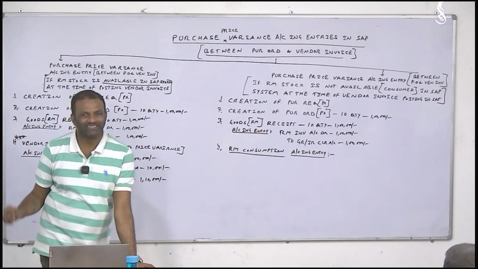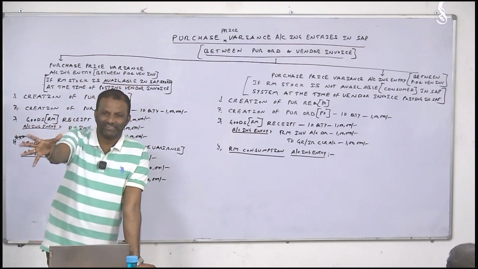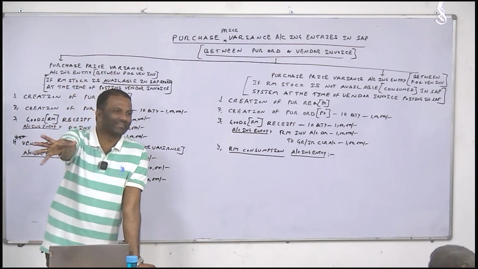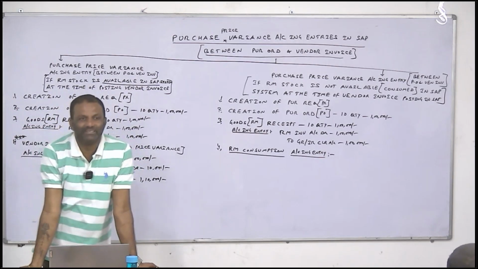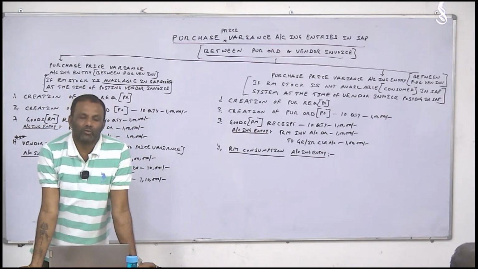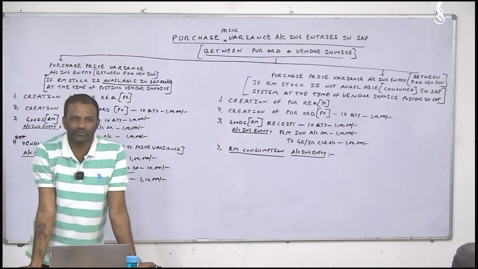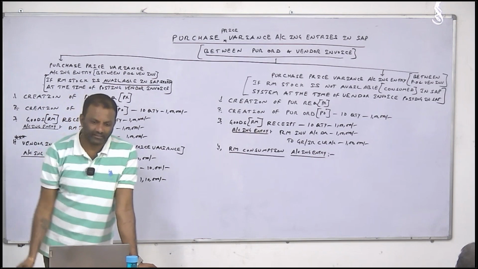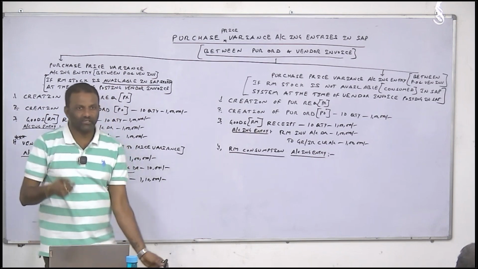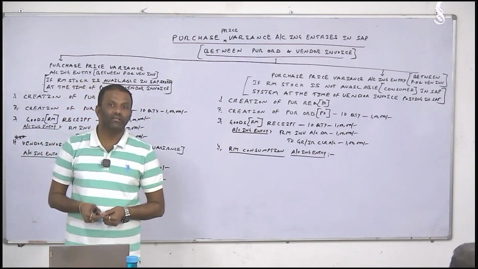Accumulated depreciation is a liability, but depreciation is an expense. Any asset you are using, we call that an expense.